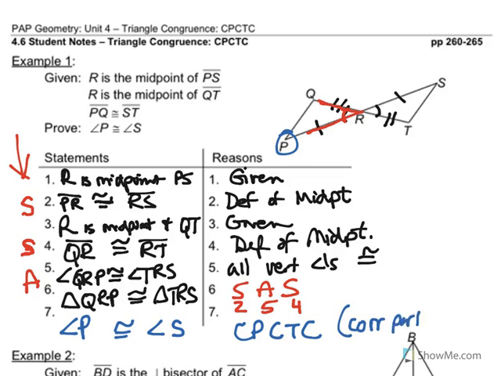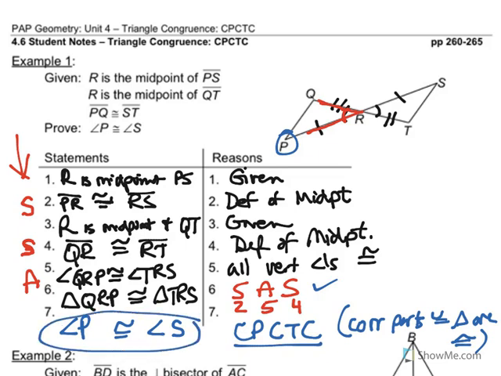So we had to prove the triangles were congruent first, then we could use CPCTC to prove some other parts are congruent as well. Okay, let's go to example 2.